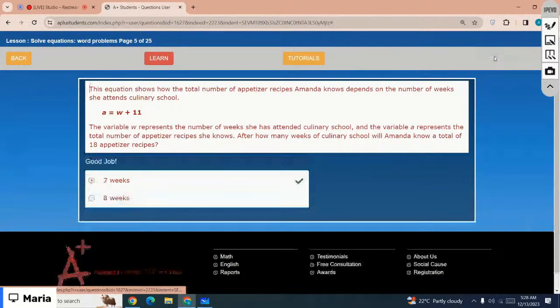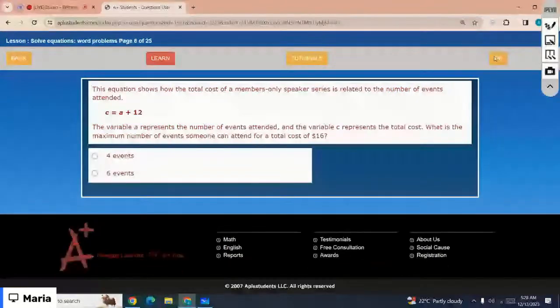The speaker series is related to the number of events attended. C equals A plus 12. The variable A represents the number of events attended and the variable C represents the total cost. What is the maximum number of events someone can attend for a total cost of $16?